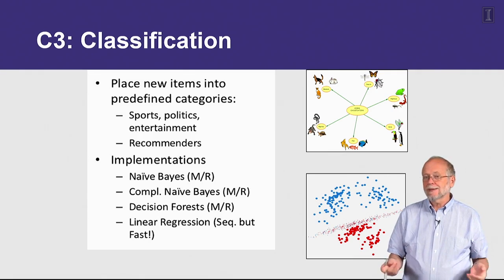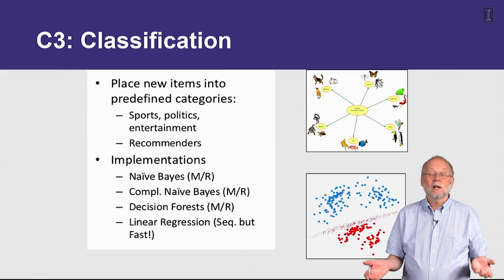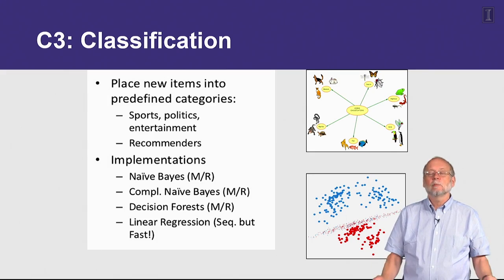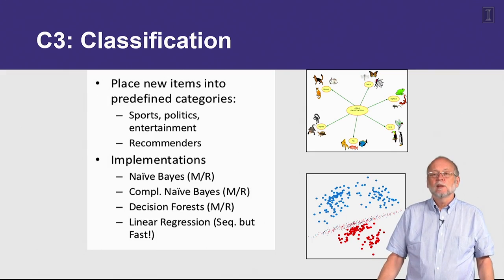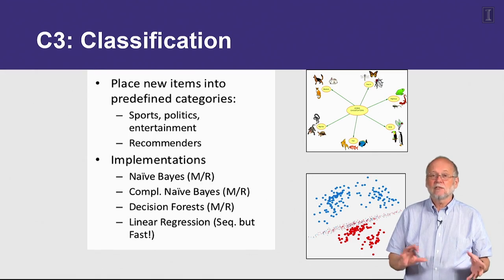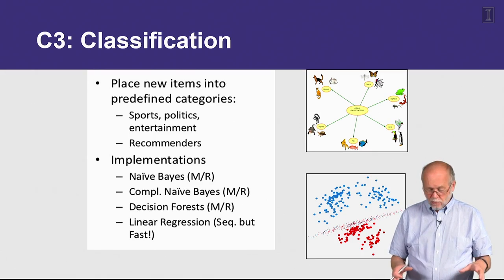It can also build recommenders. If you're going to say, well, I want to see all the sports news, then it will be able to recommend what to look at from the news point of view. Lots of different implementations you can make on that. There's naive Bayes, complementary naive Bayes, decision forests, linear regression, and so it has classification techniques to do all of these.